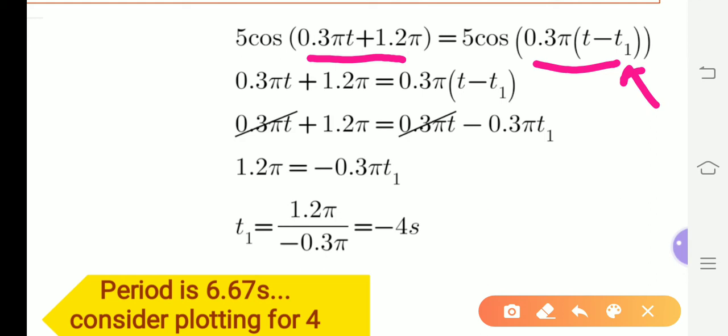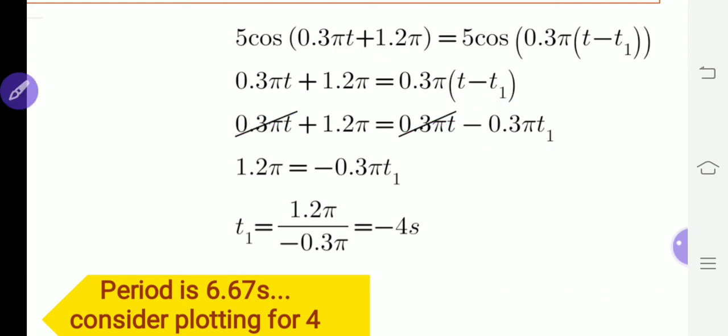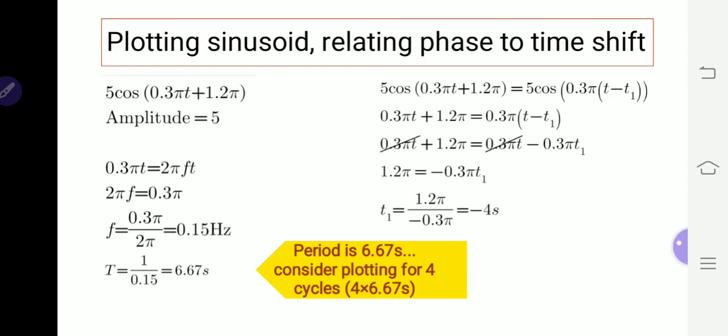When we expand this, we get 0.3 pi t - 0.3 pi t1. The 0.3 pi t terms cancel, so we get 1.2 pi equals negative 0.3 pi t1. So we find that our t1 is equal to negative 4 seconds. It means that our peak occurs at negative 4 seconds when we draw our graph.